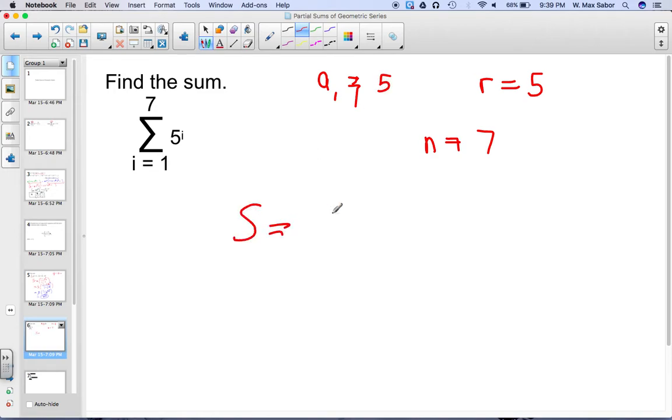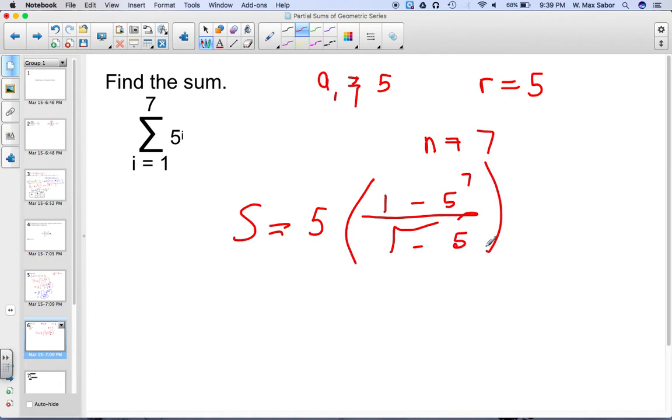So the sum is a sub 1 times 1 minus r to the 7th over 1 minus r, which is 5 times 1 minus 5 to the 7th over 1 minus 5. Now, 1 minus 5 to the 7th, you'll still want to do in a calculator. I'm getting 5 times negative 78,124 over negative 4.